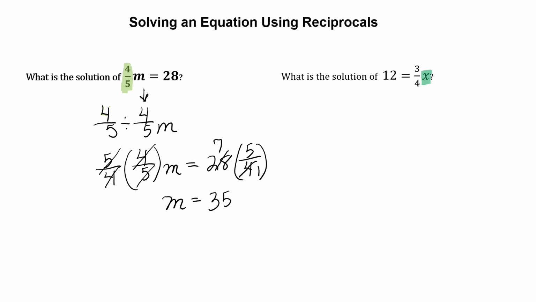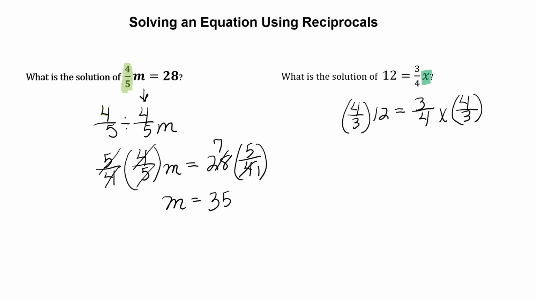This time though we have 12, the whole number, on the left. That's the only difference here. 12 equals, remember it's going to be 3/4 x. To undo that, we're going to do the reciprocal. That just means that we're flipping this, okay? We're going to flip it, but multiply it. We're going to do it on both sides.